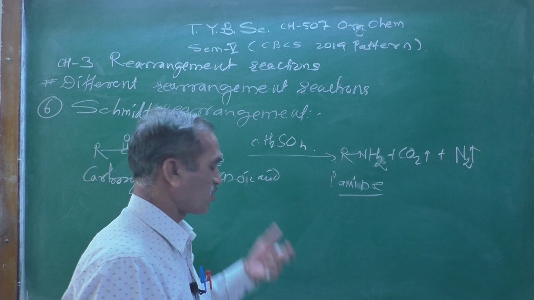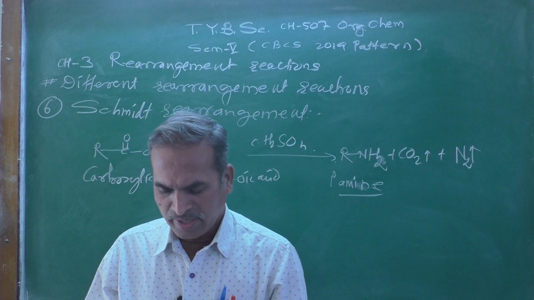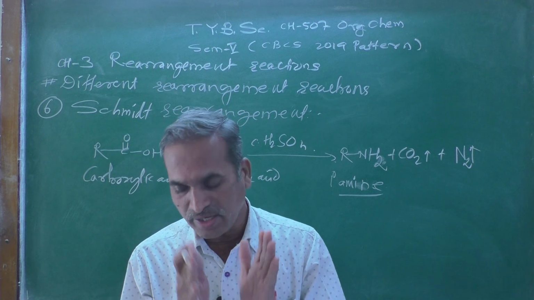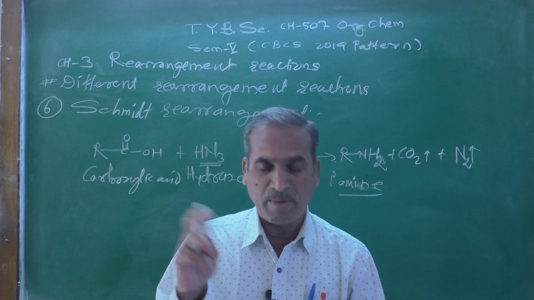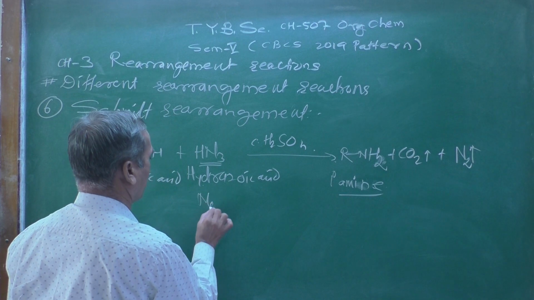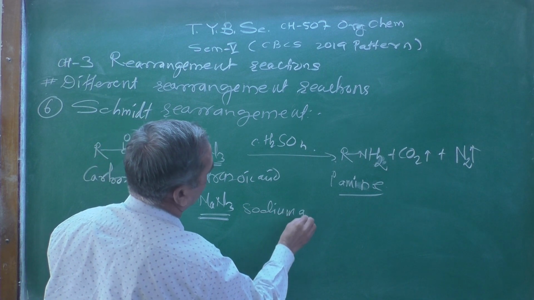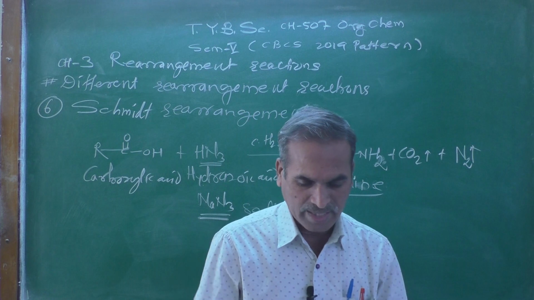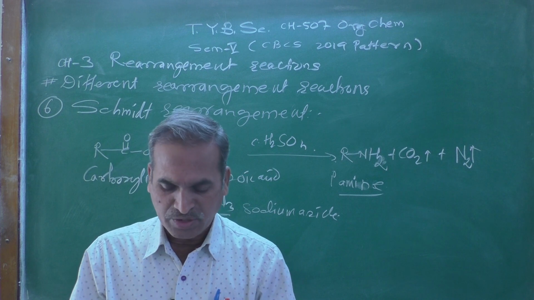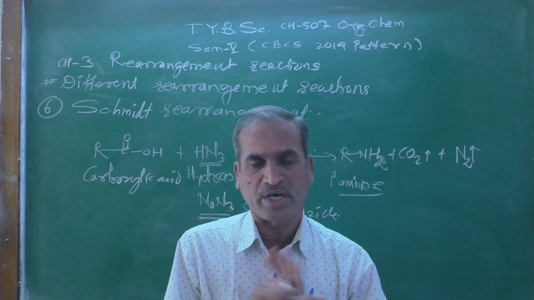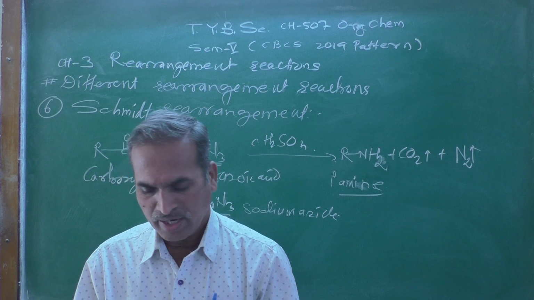This chemical, hydrazoic acid, is highly toxic and explosive, and hence it is generated in situ by adding sodium azide, NaN3, gradually to the solution of carboxylic acid in sulfuric acid.